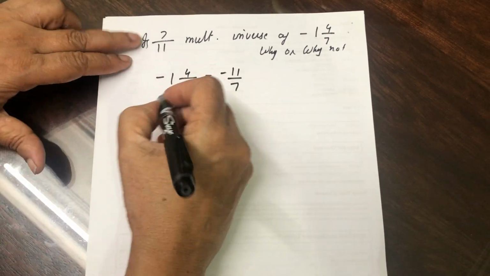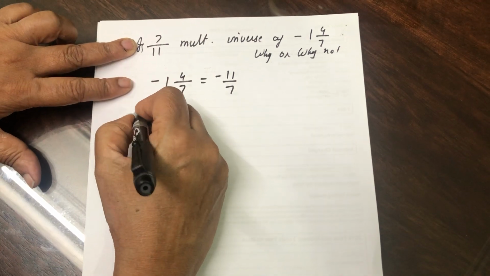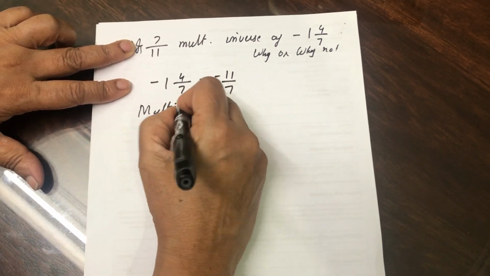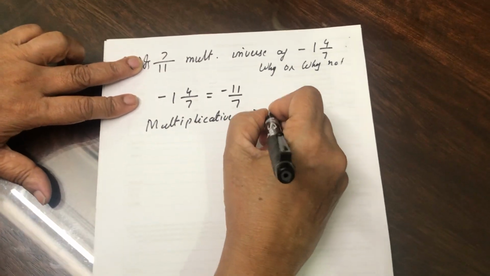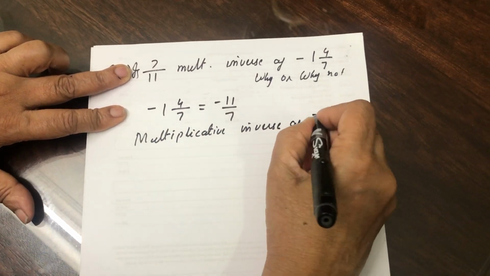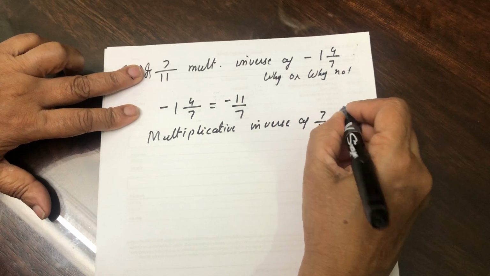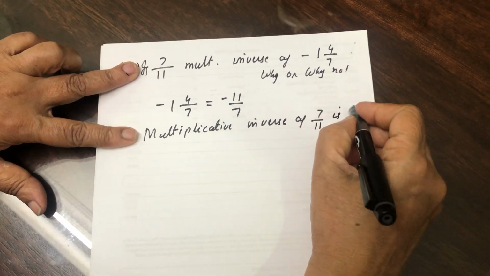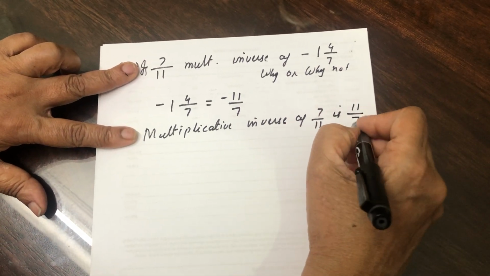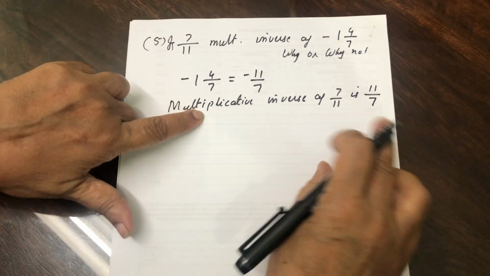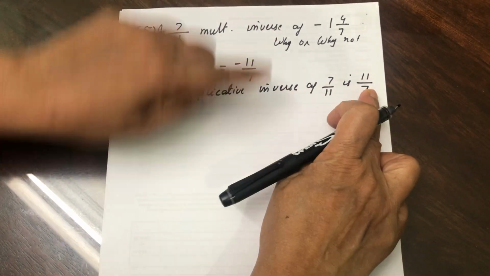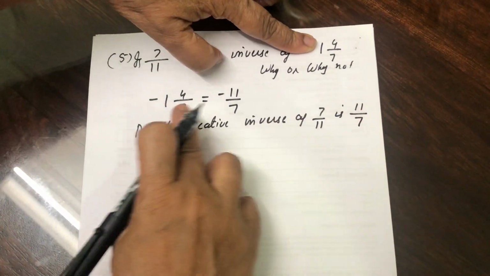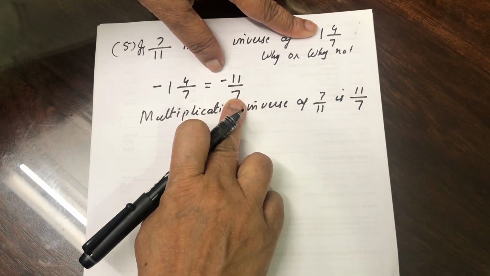What is the multiplicative inverse of 7 by 11? The reciprocal of this one is 11 by 7. The multiplicative inverse of 7 by 11 is 11 by 7, but this number is minus 11 by 7.